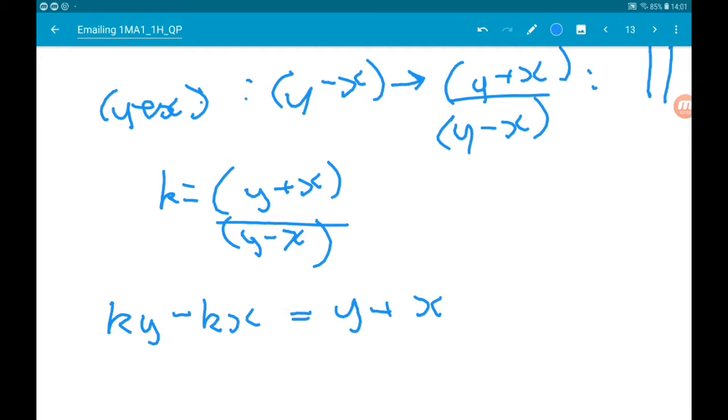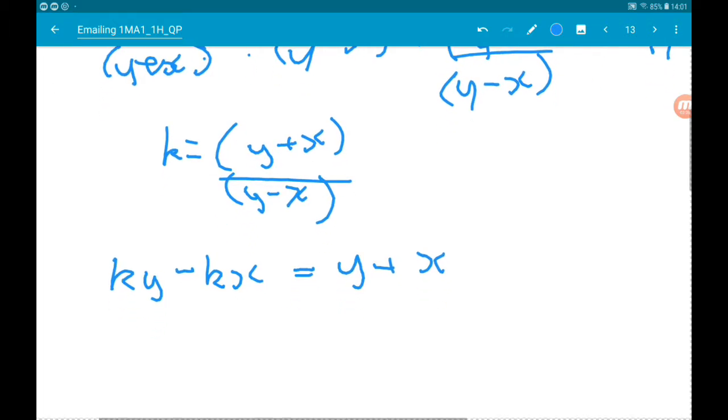Now we're trying to make y the subject, so we want to get all the y terms on the same side together. So I'm going to subtract y. So I'm going to get ky minus y. Now I also don't want this x term on the same side as the y's. So I'm also going to add kx to both sides. So I get equal kx add x.